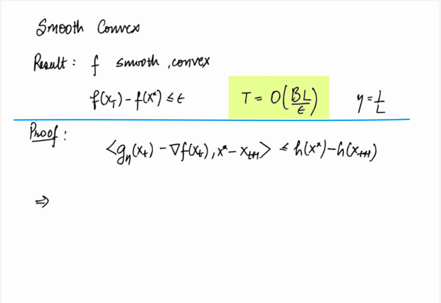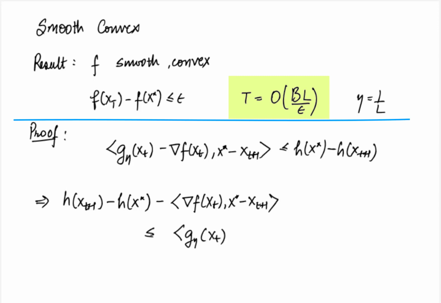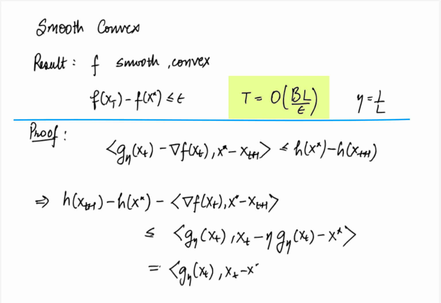This can be rearranged so that h of xt plus 1 minus h of x star minus inner product of gradient f of xt comma x star minus xt plus 1 is less than or equal to inner product of g eta of xt comma xt minus eta g eta of xt minus x star, which can be written as less than or equal to g eta of xt inner product with xt minus x star minus eta times norm square of g eta of xt.